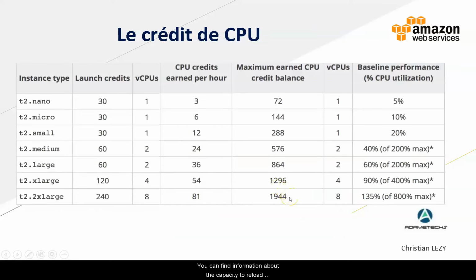You can find information about the capacity to reload burst credits for each machine in the tables we saw earlier. We can see here that the more powerful the machine is, the more CPU credit points we will have.